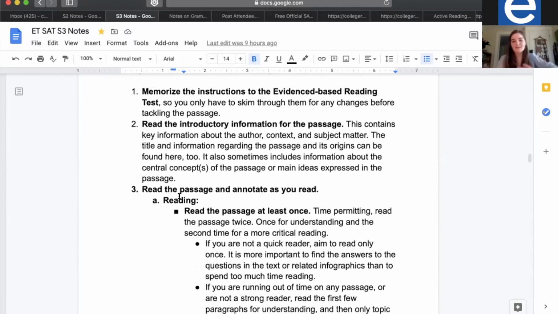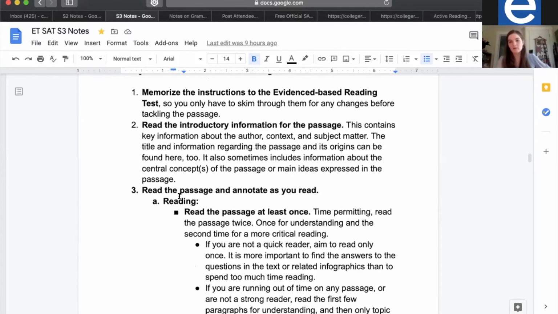Okay, so that's step one that you're going to be starting on at least this week, to memorize that, to get yourself started. What you will be doing, come test day, for each passage, is really starting with skimming through those instructions.